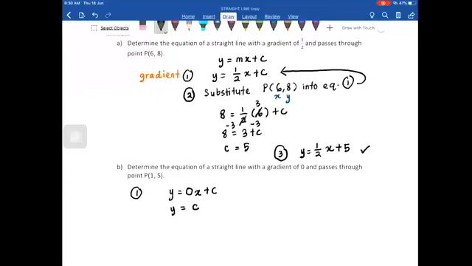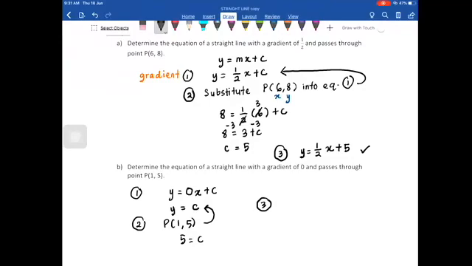Okay, so y equals to c and then I substitute P(1, 5) into equation in 1. So becomes 5 equals to c. So c is 5. So lastly, my equation should be y equals to 5.